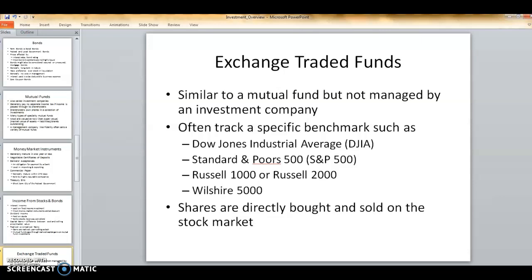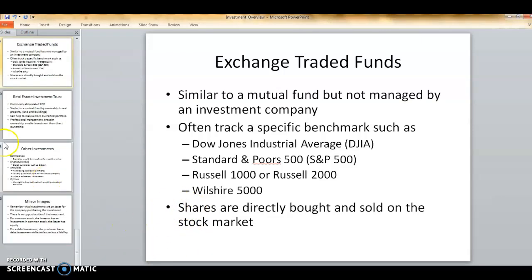It's 30 of the largest companies in the United States, where you get bigger when you talk about the S&P 500, 500 different publicly traded companies, the Russell 1000, 1000 different companies, the Russell 2000, 2000 different companies, or the Wilshire 5000, which is basically almost all of the publicly traded companies in the United States. Shares of exchange-traded funds are directly bought and sold right on the market itself.